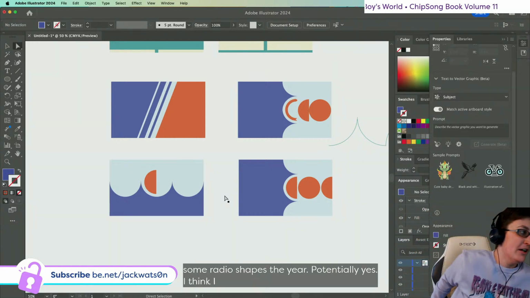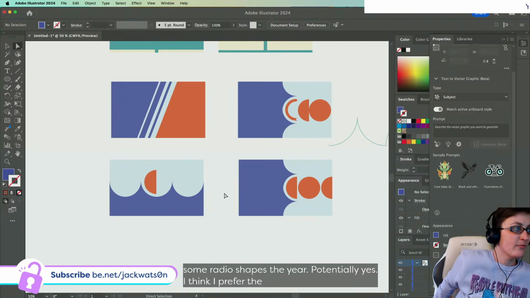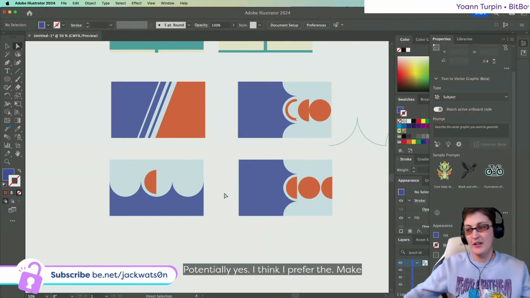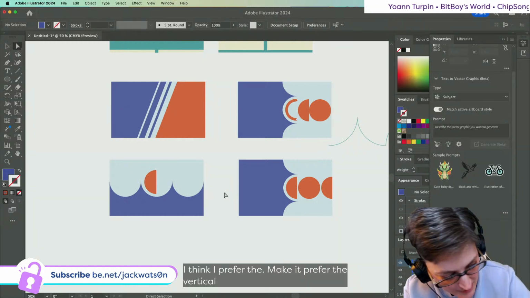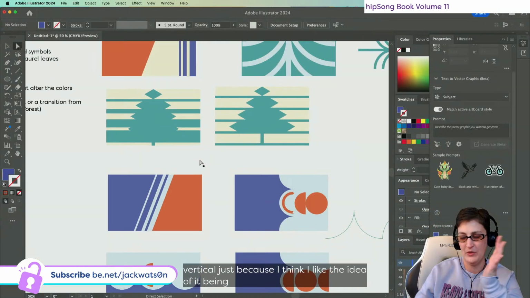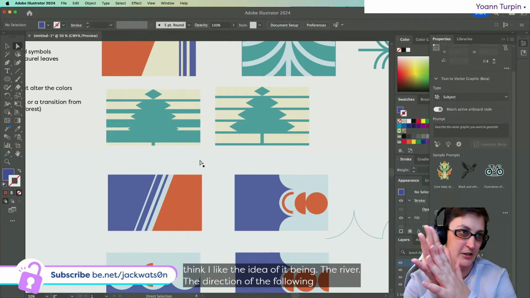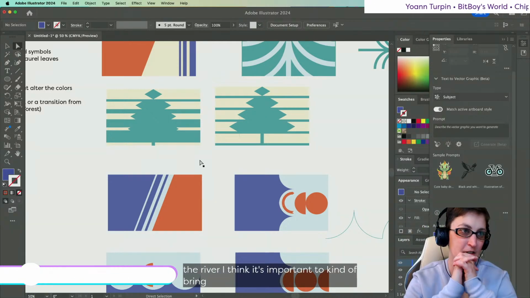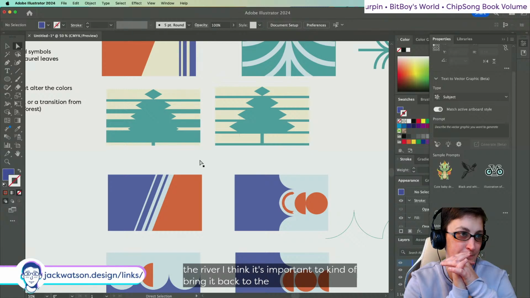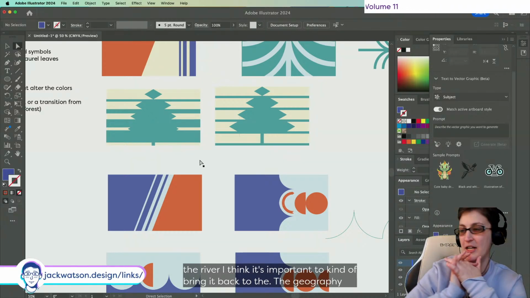I think I prefer the vertical, because I like the idea of following the direction of the river. I think it's important to bring it back to the geography, and it also will set it apart.